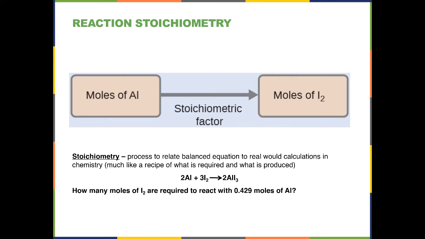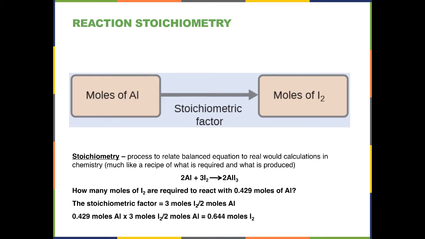Conversely, for every mole of iodine, you need 2/3 of a mole of aluminum. So the stoichiometric factor here is 3 iodine over 2 aluminum. And so all you have to do is take the number of moles of aluminum and multiply it by 3 over 2, and it tells you you need 0.644 moles of iodine.